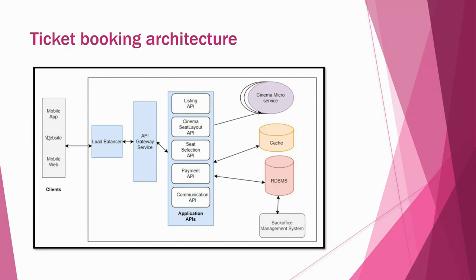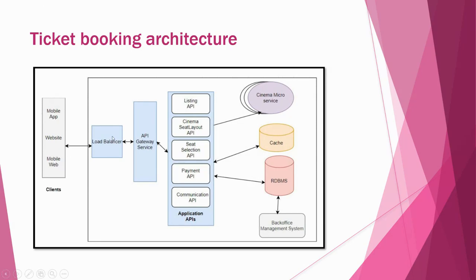You will be selecting either online banking, or card payment, or any kind of Google Pay or GPay. After that, you will be getting a confirmation message from the application saying that your ticket is booked for this seat. So let us try to know what is happening in the background.